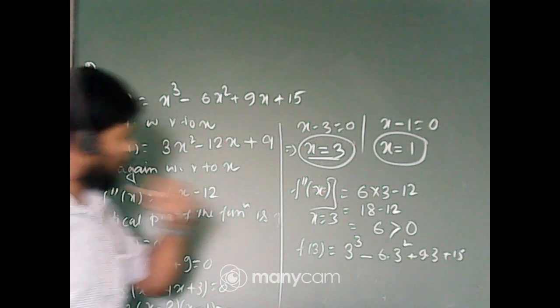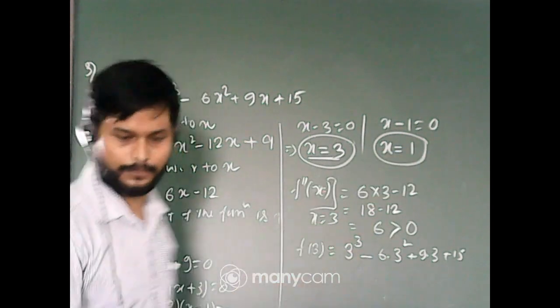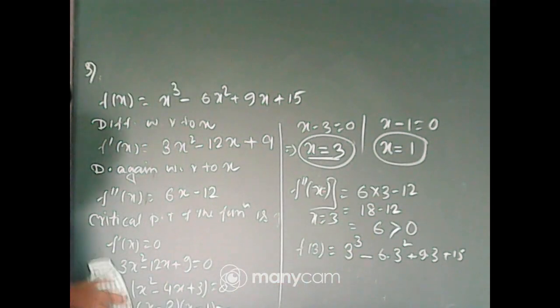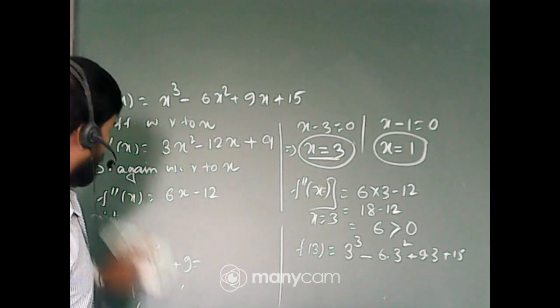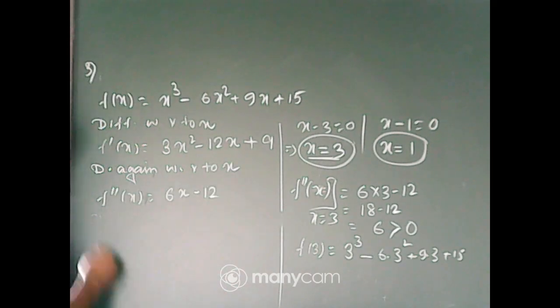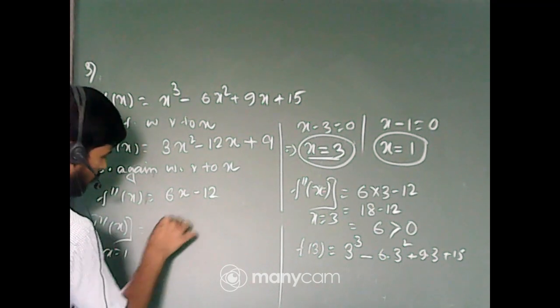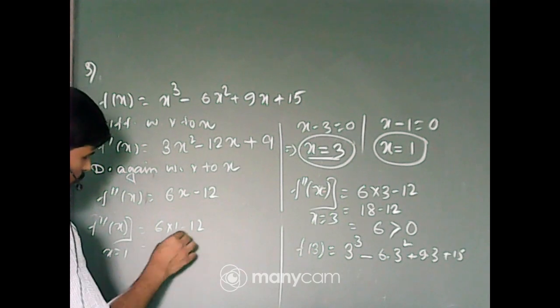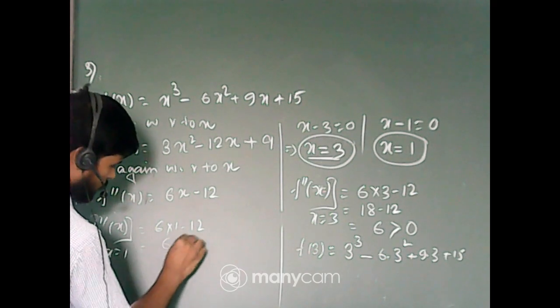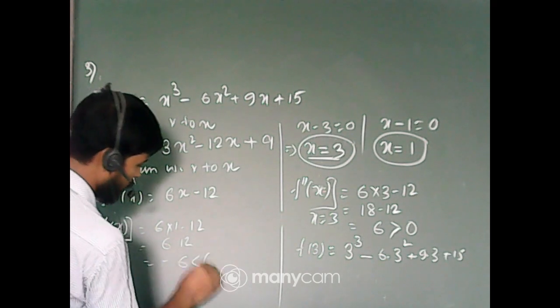Now we have one more critical point, x equal to 1. Find the value of the second order derivative at that critical point, x equal to 1. So f double dash x at x equal to 1 will be 6 into 1 minus 12. 6 1s are 6 minus 12, that is minus 6, which is less than 0.